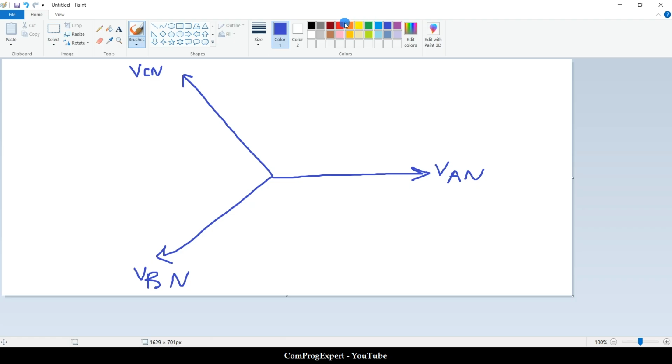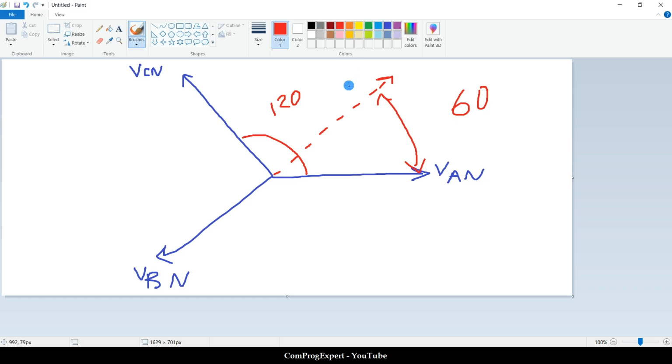Okay. The negative of VBN is this one. What is this angle? It is 60, because this angle is 120 and half of it is 60. The amplitudes of these vectors are the same.